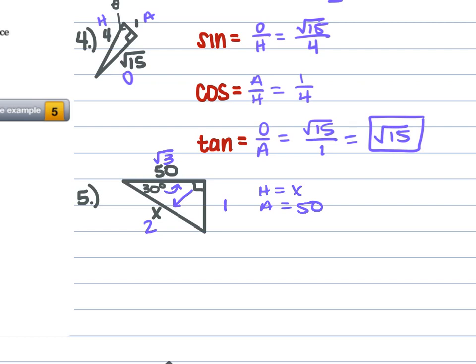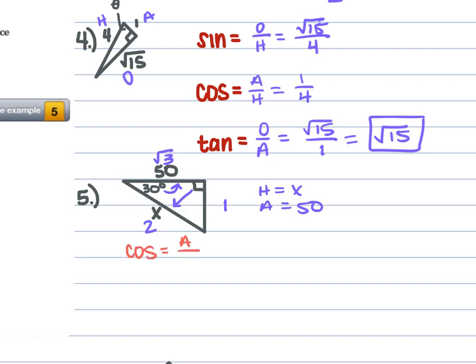So if we're working with hypotenuse and adjacent, we're working with tangent, which means we're going to use the values from our special right triangle. Hypotenuse and adjacent is cosine, not tangent. Okay, so let's back up here. All right, so hypotenuse and adjacent, we're working with cosine.